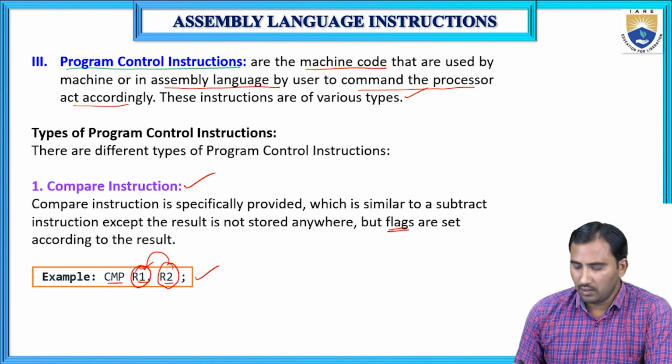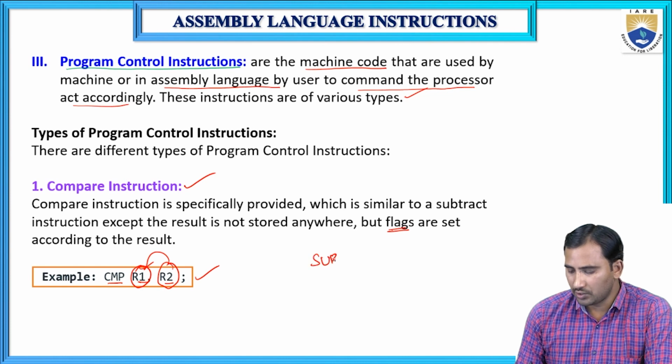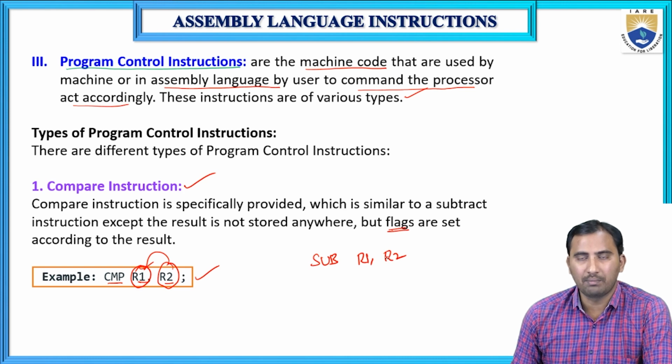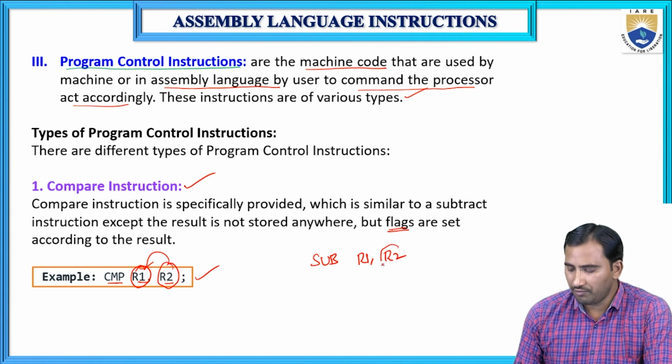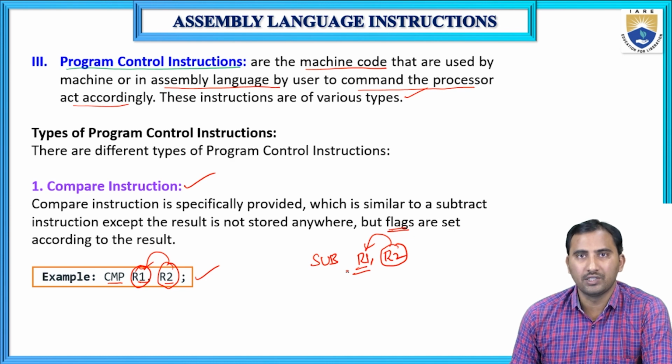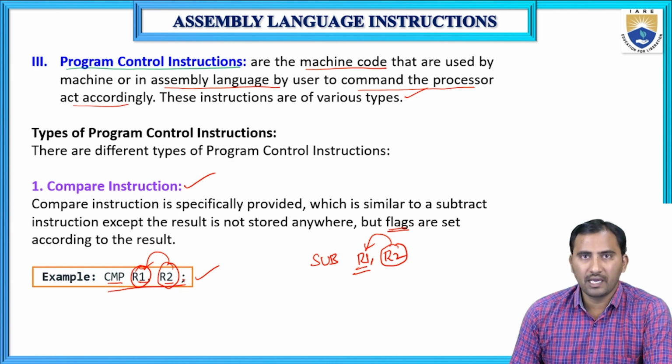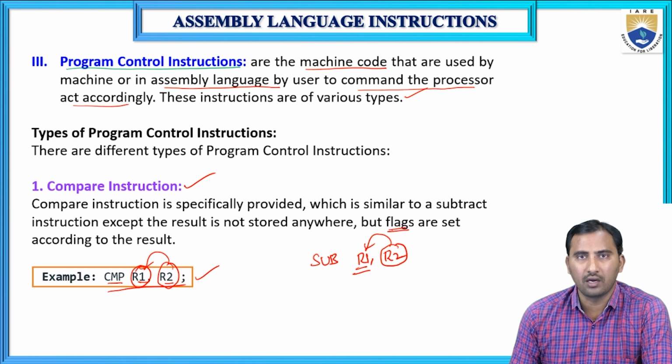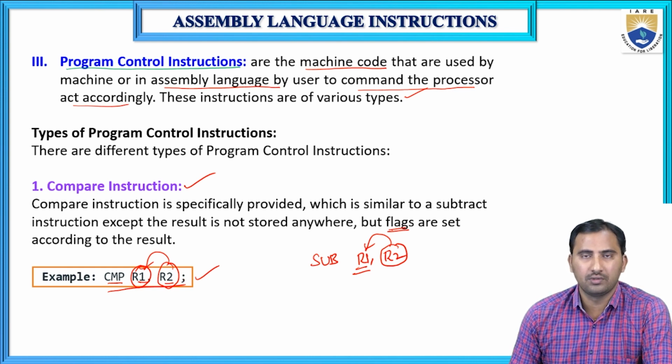If you look at the subtraction, SUB R1, R2, this is a subtraction operation. The contents of the R2 register are subtracted from R1, and once we have performed the subtraction, the result will be stored in the R1 register. But when you perform the compare operation, it will compare the data present in the registers, but it will not store the result.